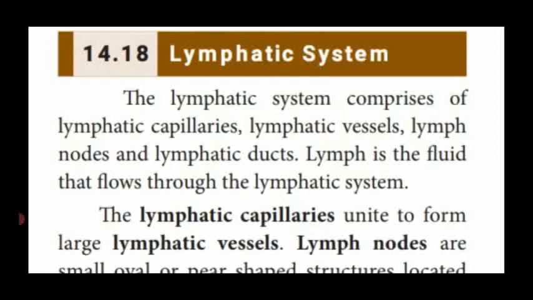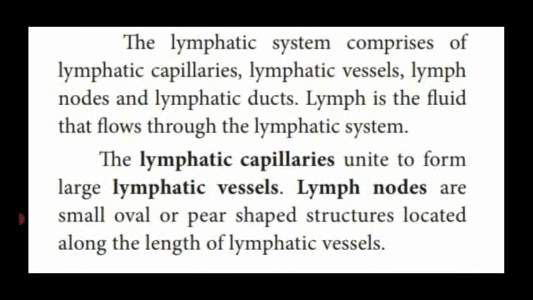Lymph is the fluid that flows through the lymphatic system. The lymphatic capillaries are united together to form a lymphatic vessel. The lymph nodes are small oval or pear-shaped structures located along the length of the lymphatic vessels.